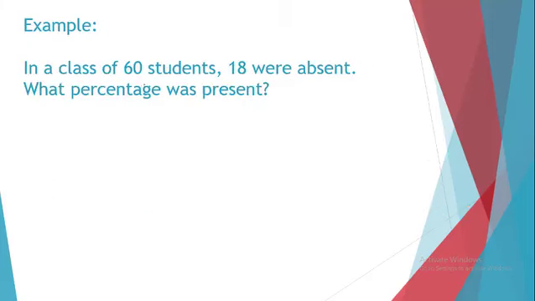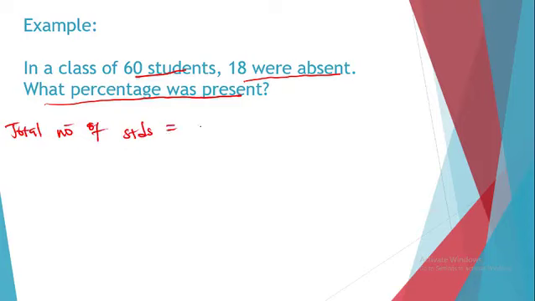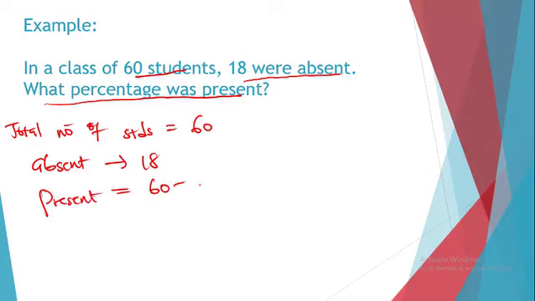It says, in a class of 60 students, 18 were absent. What percentage was present? The total number of students is 60. The number of absent students was 18, so those present will be 60 minus 18, which gives us 42.